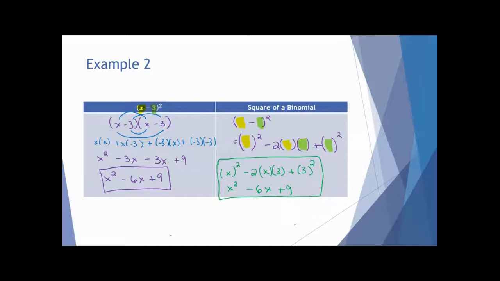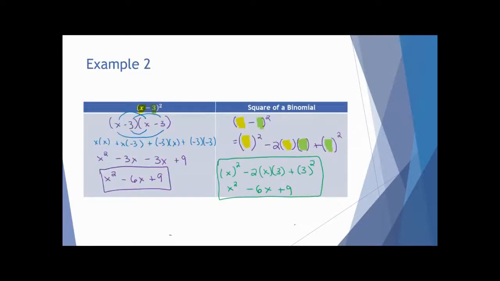So moving on, example 3. This is also square of a binomial, but notice this one has a plus instead of a minus. Example 2 had a minus, this one has a plus, but it's going to look very similar.